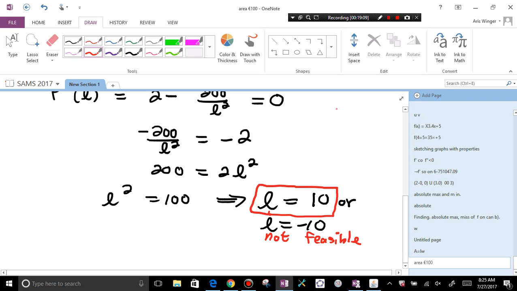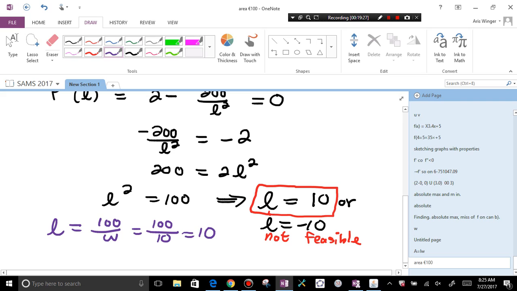This relationship between L and W: L was 100 over W. It's 100 over 10. That was also 10.